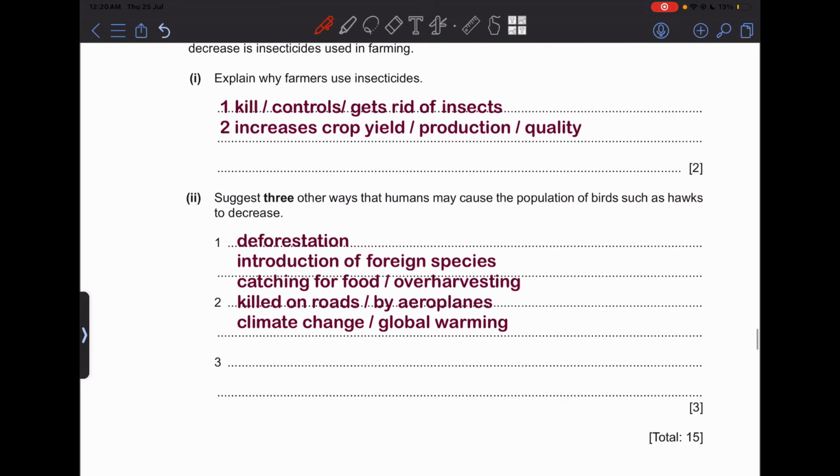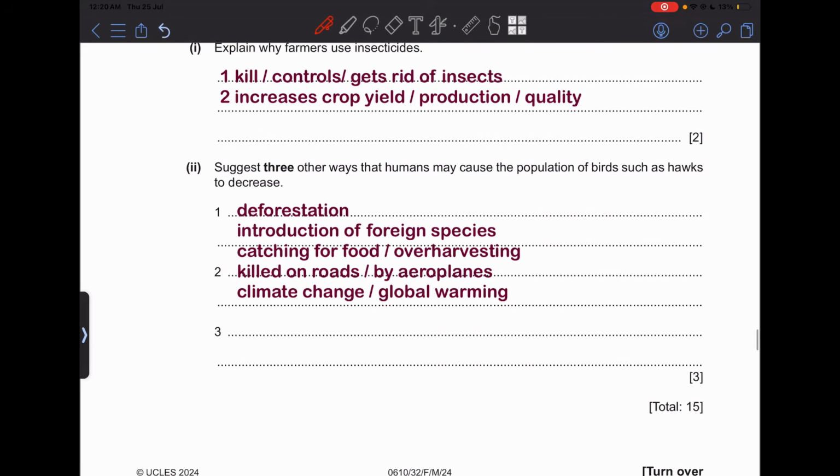Double I suggests 3 other ways that humans may cause the population of birds, such as hawks, to decrease. So number 1 is deforestation. Deforestation is something very serious. It means cutting down trees from the forest.